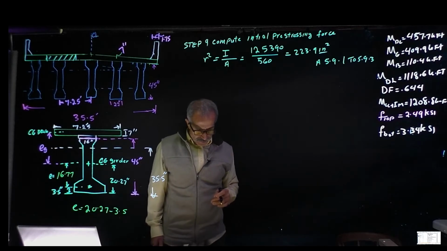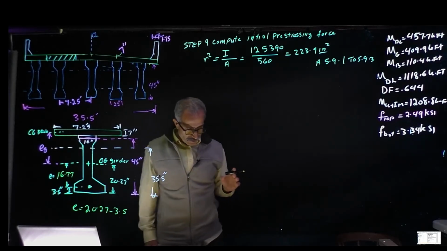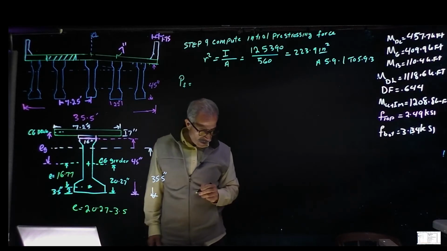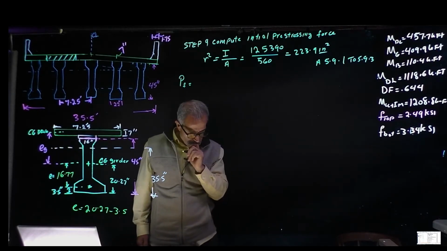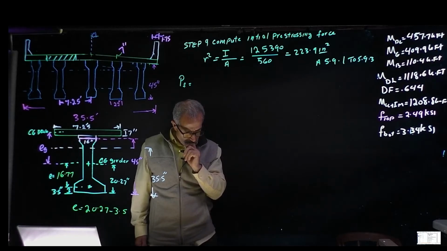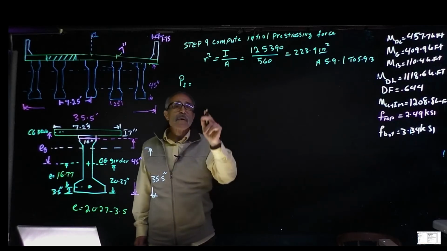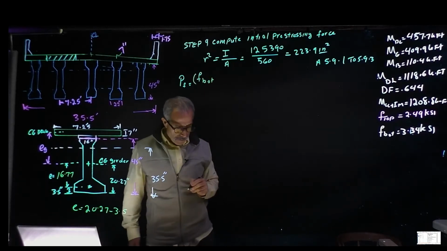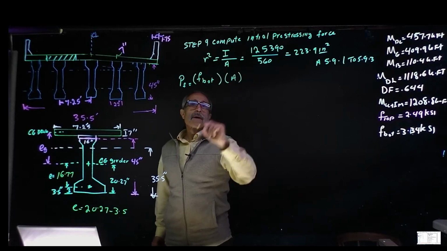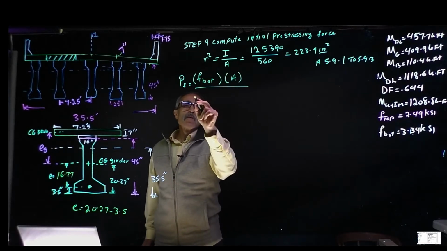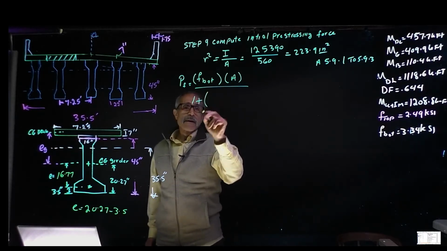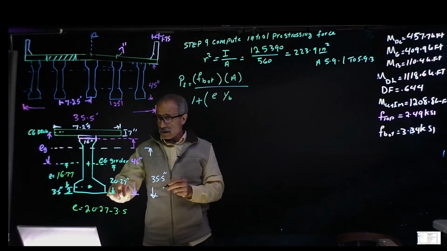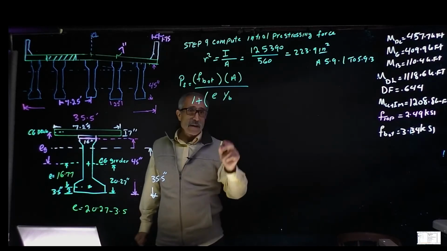So from the AASHTO, we want to find the effective pre-stressing force, P_F, and that's going to be basically our F of bottom times the area, and divide that by 1 plus E times Y bottom, and Y bottom is basically right here, 20.27, and divide that by r squared.